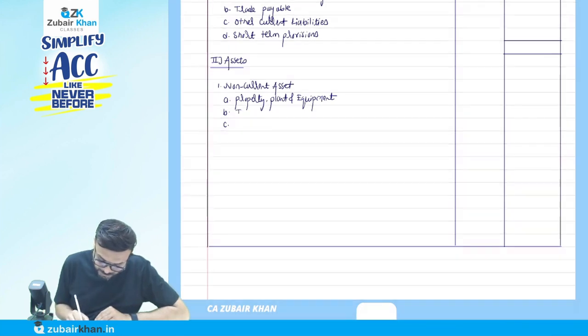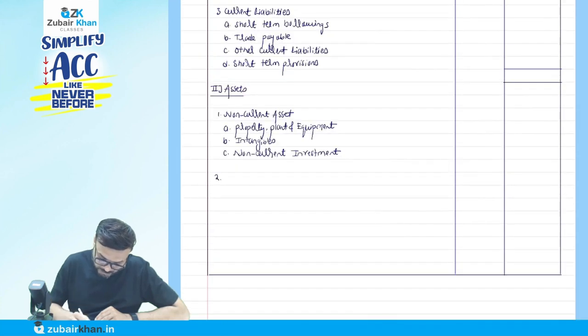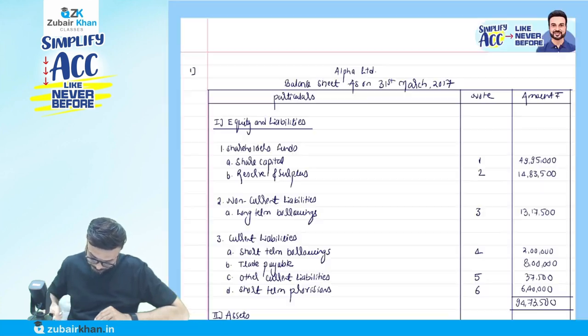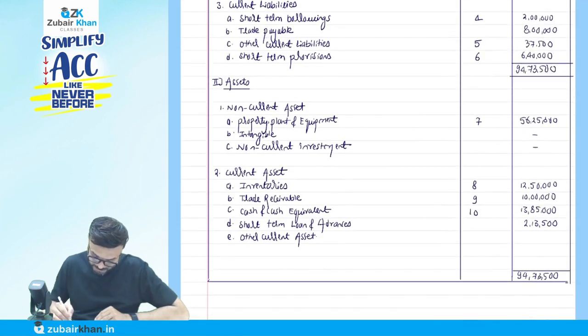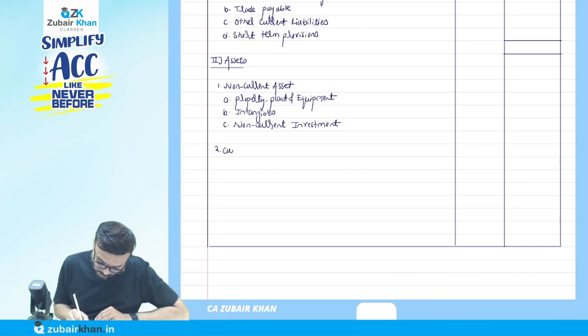Then intangibles, non-current investment. Then current asset. Current asset, A, B, C, D and E.